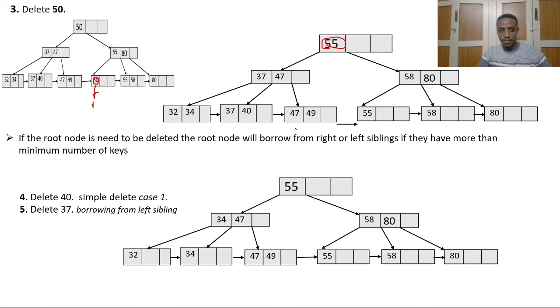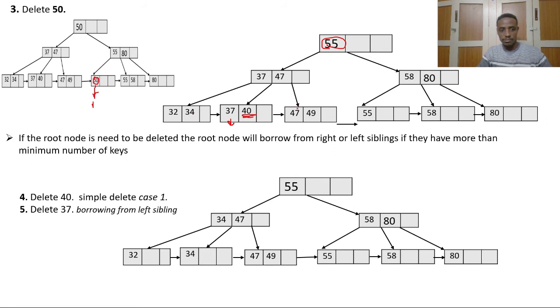Another one, deleting 40, that is a simple case. 40 is here, so you can delete it because we have the minimum number with 37 reserved, so you can simply delete 40. And deleting 37, 37 is here, so that's the minimum number of key values. We cannot delete it simply here, so we have to borrow a value from the sibling, like from here or from the left child.